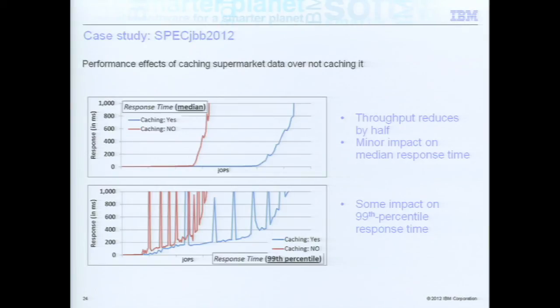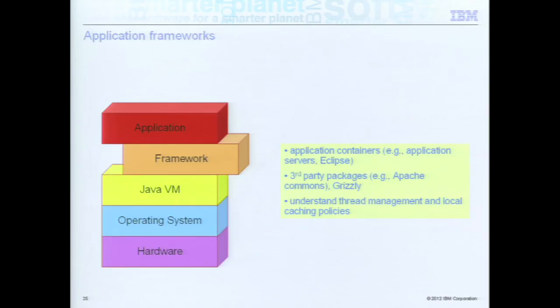So you do have to tune the amount of data that you're retaining there, or look into ways of fixing your garbage collection or tuning your garbage collector in order to get decent response time at the 99th percentile.